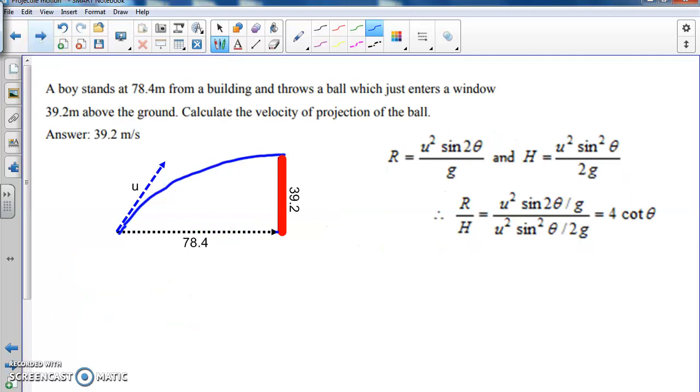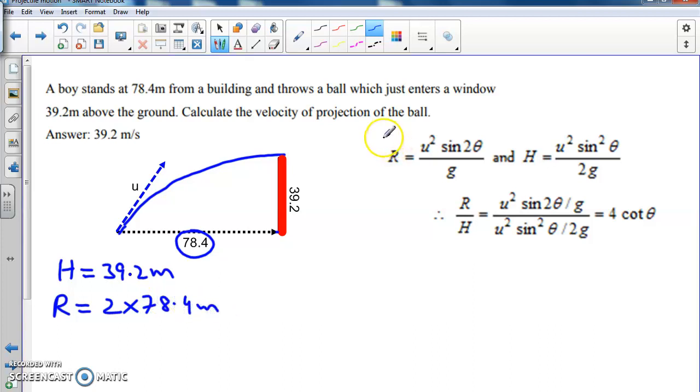In the next problem, we are given that a boy is standing at 78.4 meters from a building and throws a ball which just enters a window. Therefore, here the maximum height h is 39.2 meters and the horizontal range r from this figure is twice of 78.4 meters.